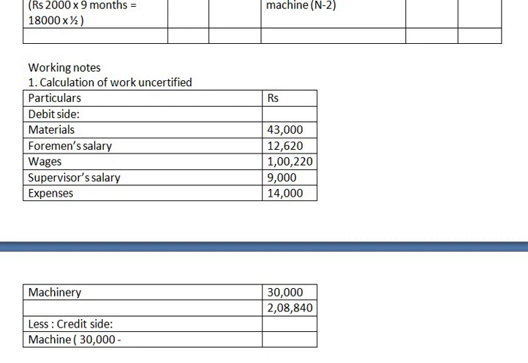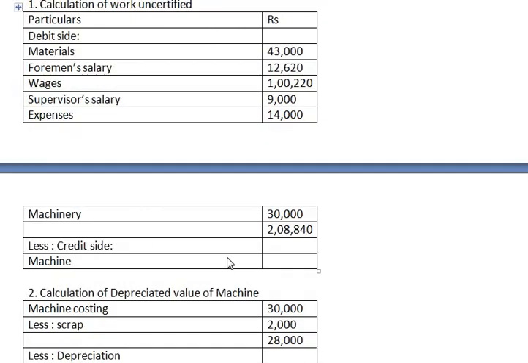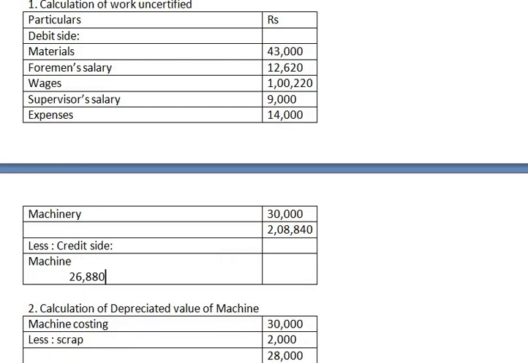Depreciation is 1,120. Machine we are going to take now. Check credit side: machine we are going to take 26,880, and then there we have scrap.